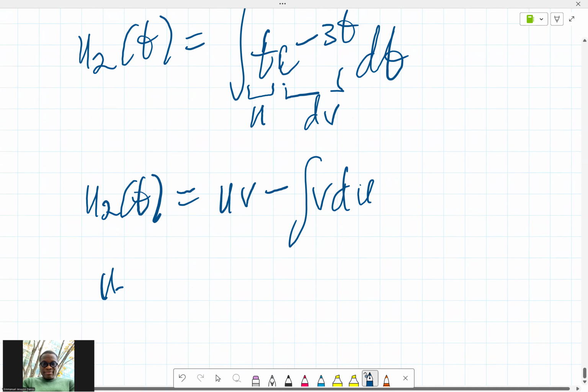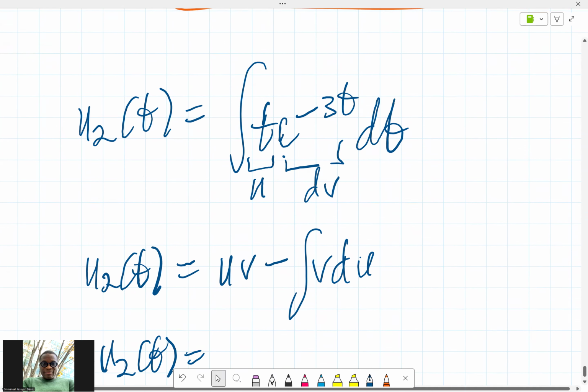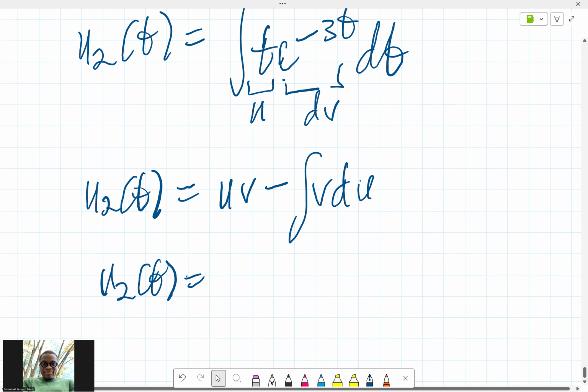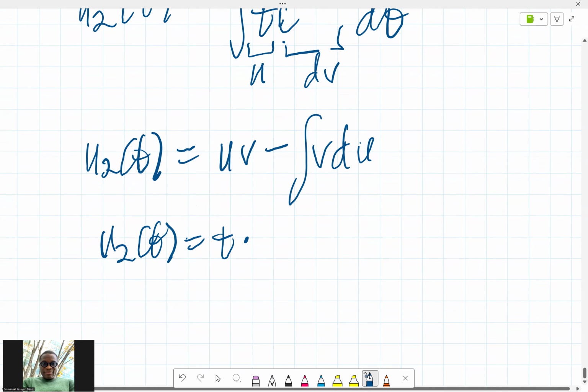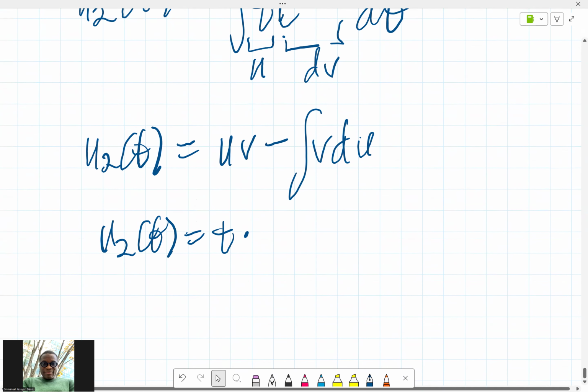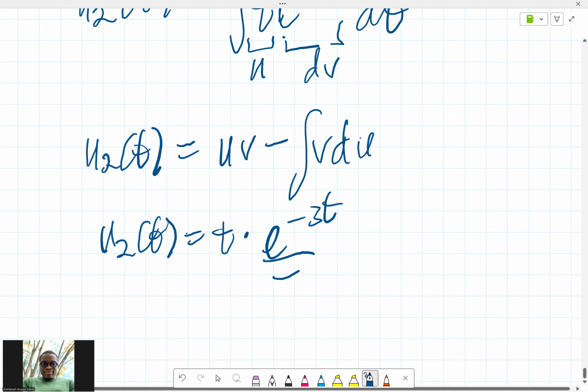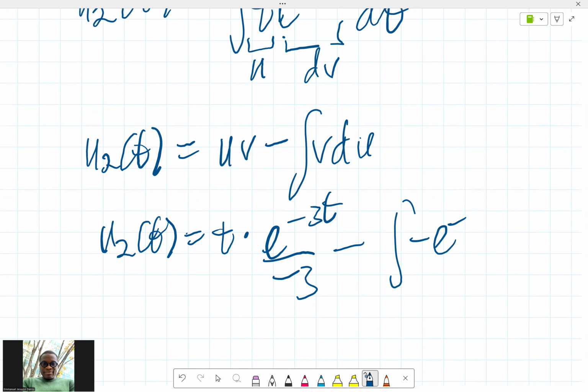If you don't understand this, you can check my basic calculus playlist. I've elaborated this one with better explanation. So here u is t, then dv, if you integrate that, you just get e raised power minus 3t all over minus 3, that's our v there, minus integral of same v, which is e raised power minus 3t all over minus 3.